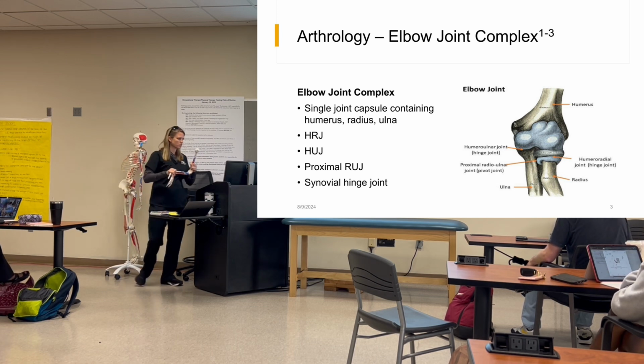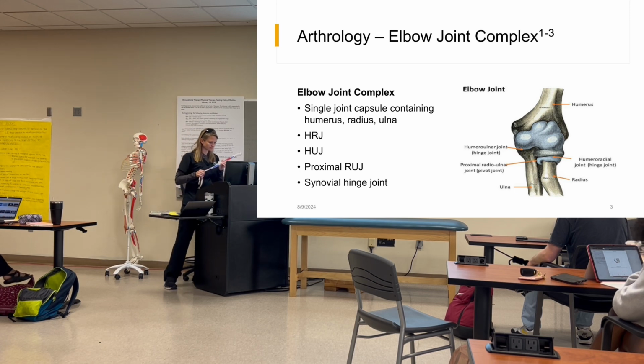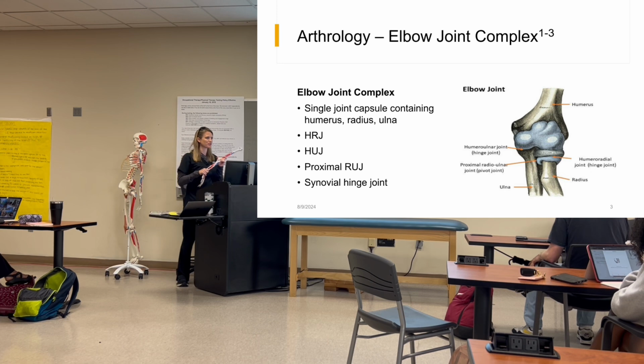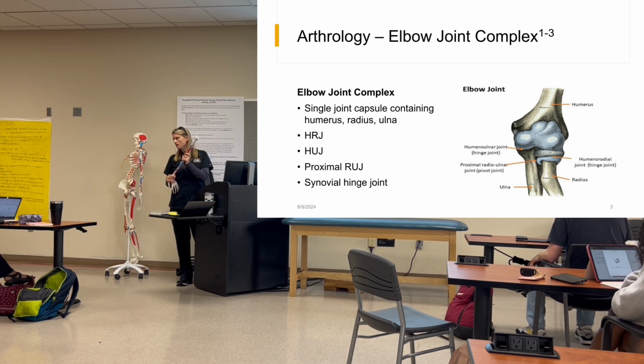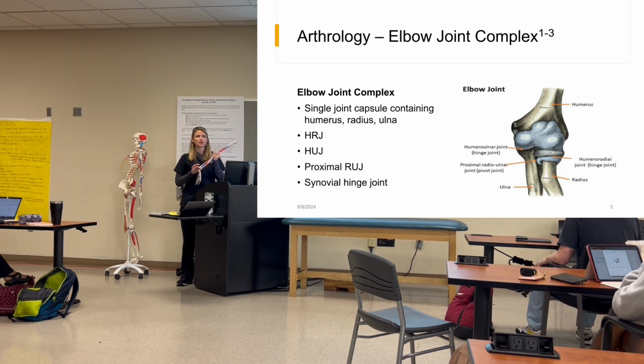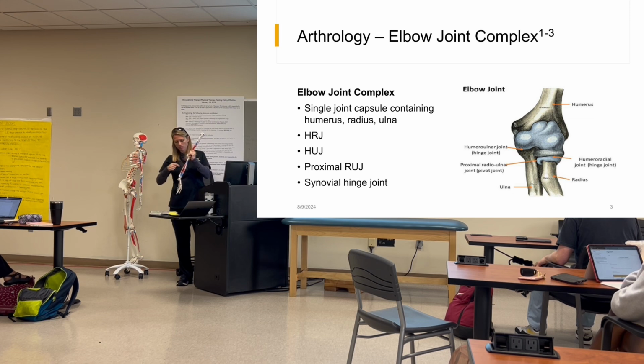Humeral-ulnar, okay, ulno-humeral, you could hear it either way. You could hear radio-humeral, you could hear humeral-radial. You can hear ulno-humeral, you can hear humeral-ulnar. They're the same joint. You can hear proximal radial ulnar, that is not the same thing as the distal radial ulnar, right? Okay, so there are two joints between the radius and the ulna, where they articulate.